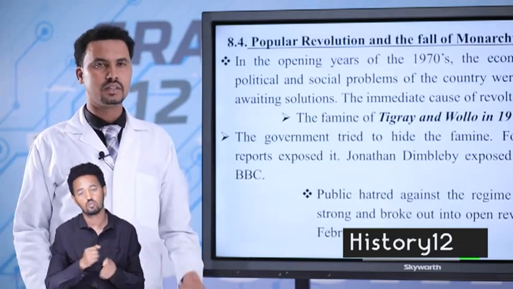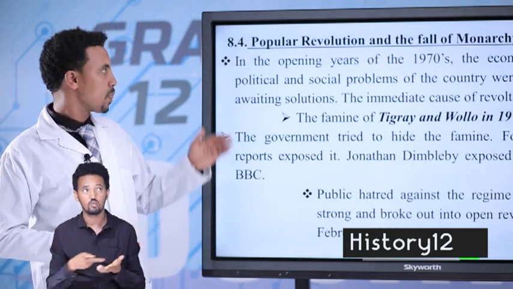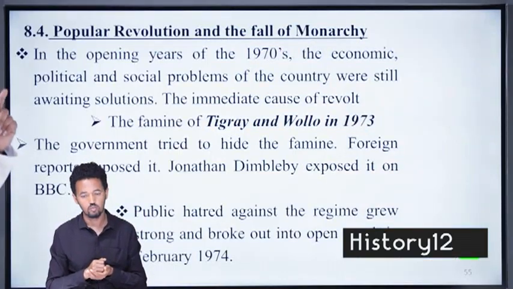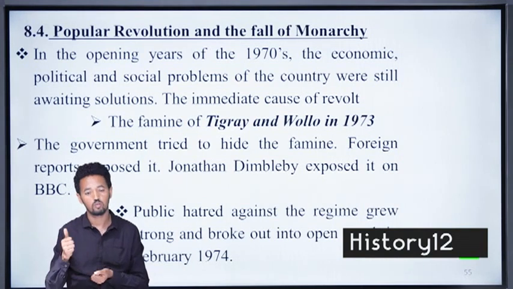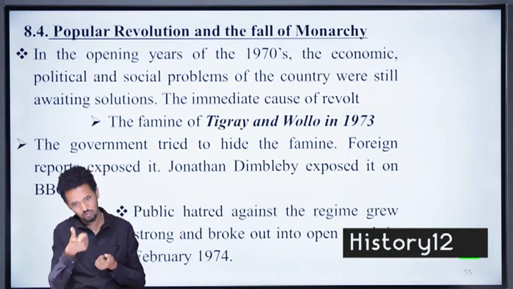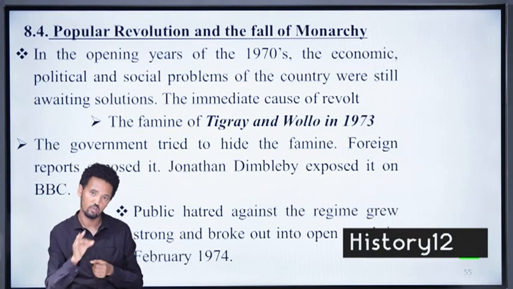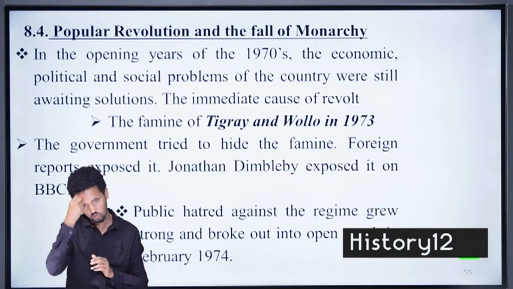8.4 The Popular Revolution and the Fall of the Monarchy. In the opening years of the 1970s, the economic, political, and social problems of the country were still awaiting solution. The immediate cause for this movement of 1974 was the famine of Tigray and Wollo in 1973.